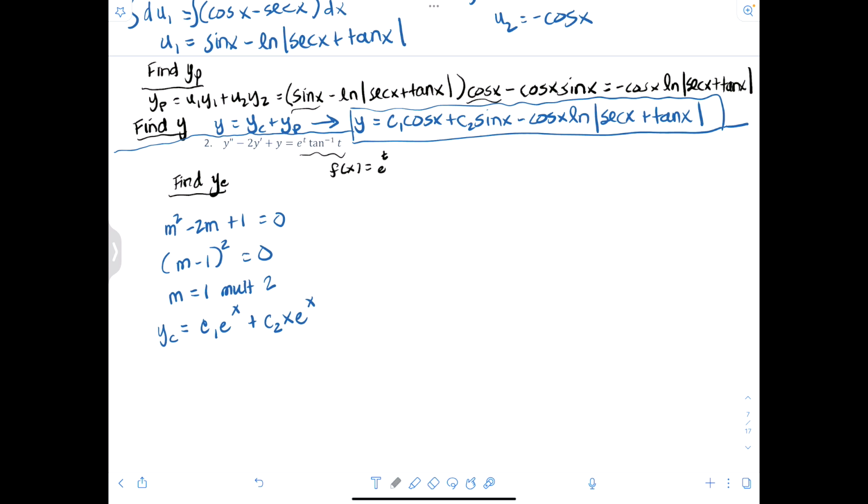I like the arc notation. It's the same, arc tangent of t. And you know what? I'm going to change these. I didn't realize it was in terms of t. I'm going to change these here to t's.